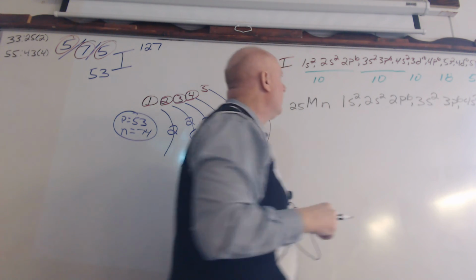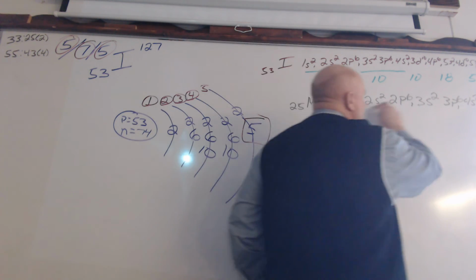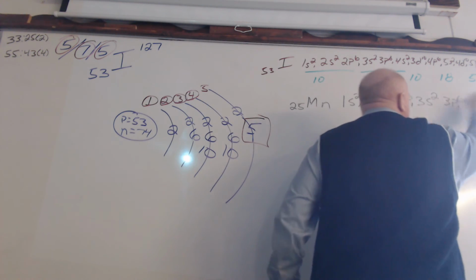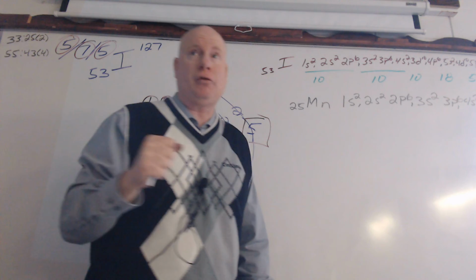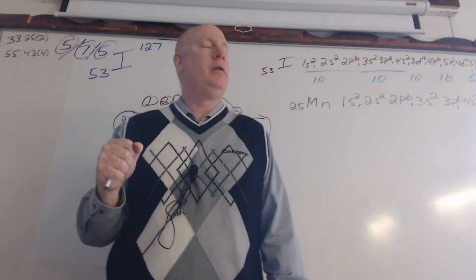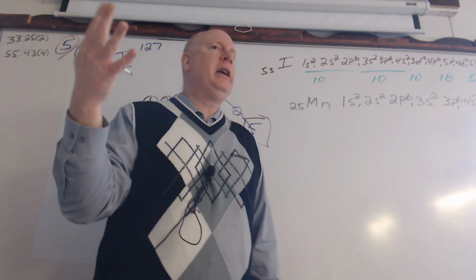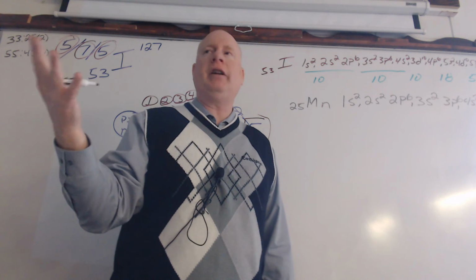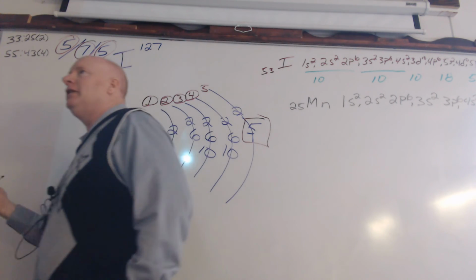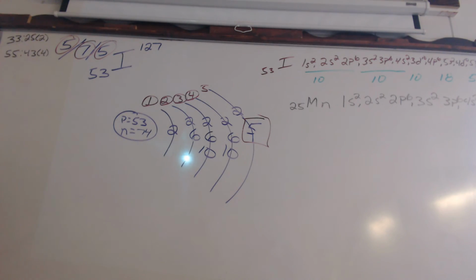Okay. We've got 10, 18, 20, 25. You add those exponents together, you get 25, right? Can anyone tell me what is so significant about neon, argon, krypton, xenon, and radon? What column are they in?